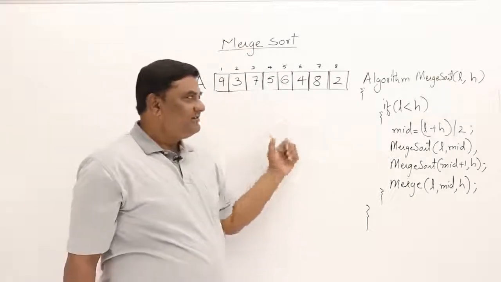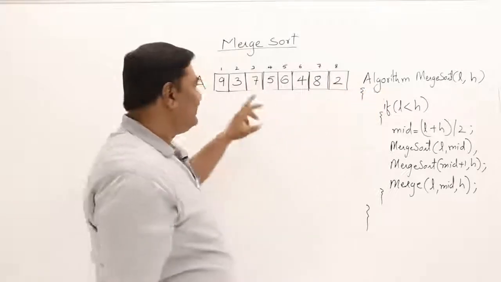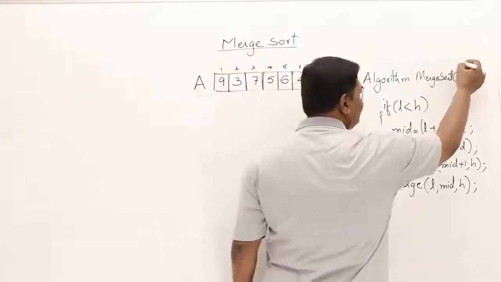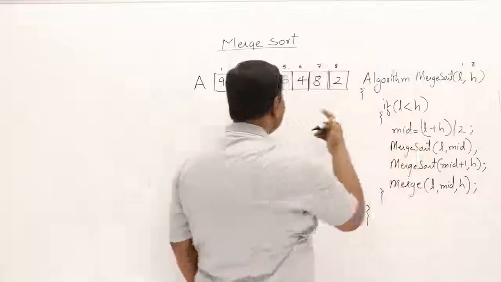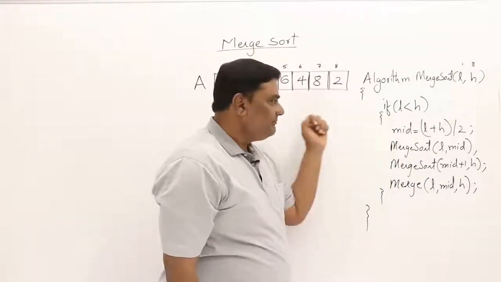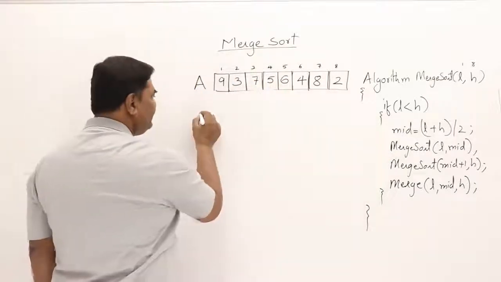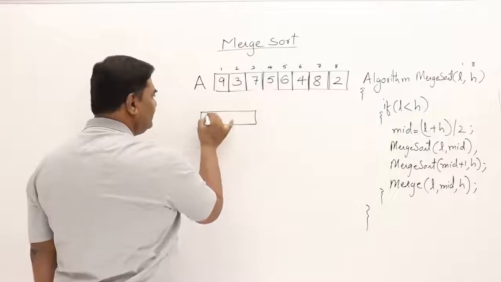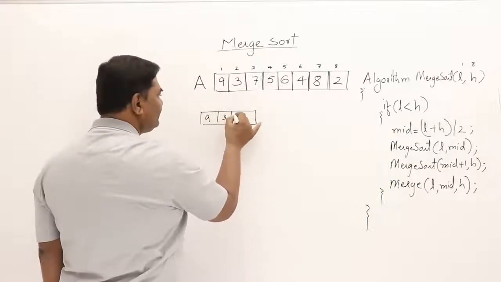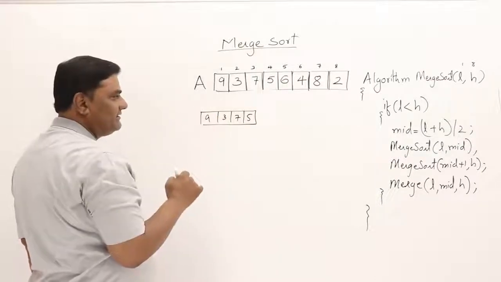Now taking these numbers, I'll show you how this merge sort works. Low and high are taken. So the example is 1 and 8. Let us see, using the numbers. First of all, it will find out mid and it will call merge sort on the left hand side. So it will take these numbers, 9, 3, 7, 5, and merge sort is called on this.